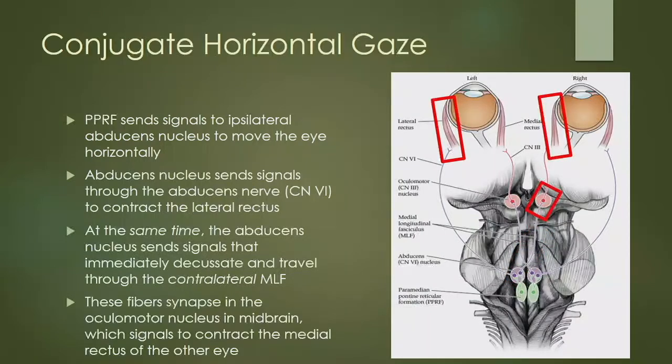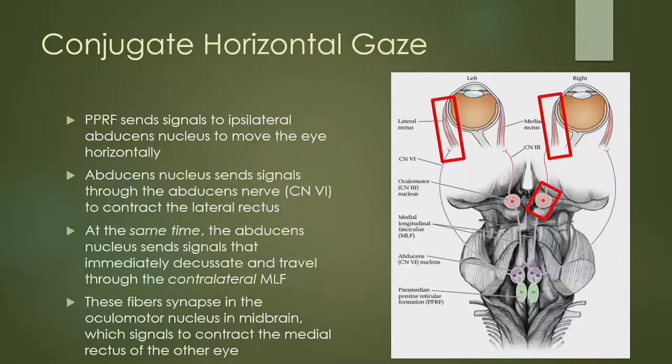So it goes up there, it synapses on the cranial nerve 3 nucleus, the oculomotor nucleus, and the oculomotor nucleus is like, oh shoot, the other eye is going out to the lateral side. I need to go medial so we have conjugate gaze. So this happens all at the same time to make sure that this eye is looking to the left and this eye is looking to the left at the same time. Okay, so it's actually pretty simple when you break it down like that.